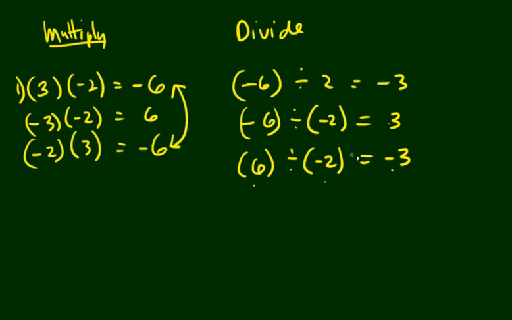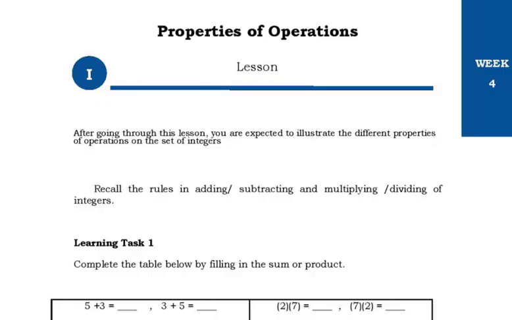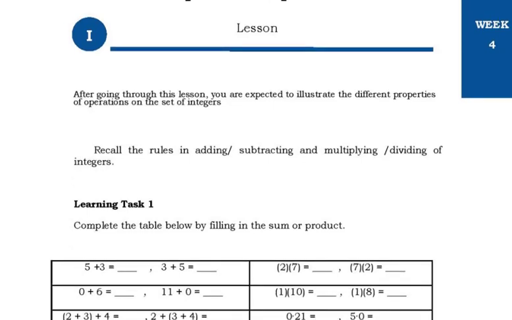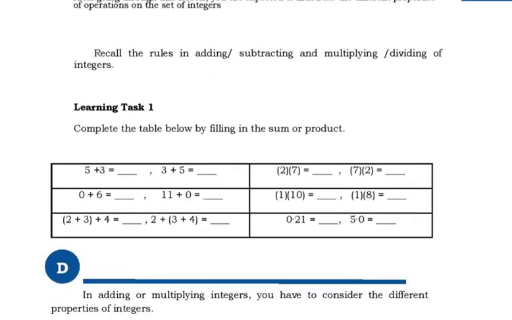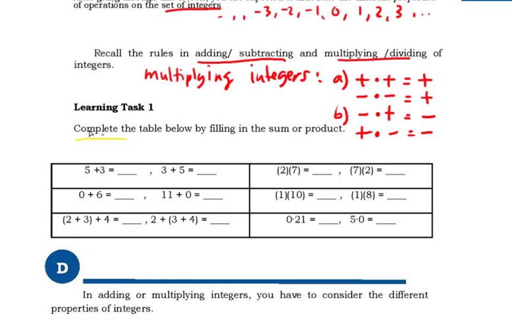Okay, so balik na po tayo ulit doon sa ating module. So, gawin po muna natin itong learning task number 1. So, sabi po dito sa learning task natin, complete table below by filling in the sum or product.